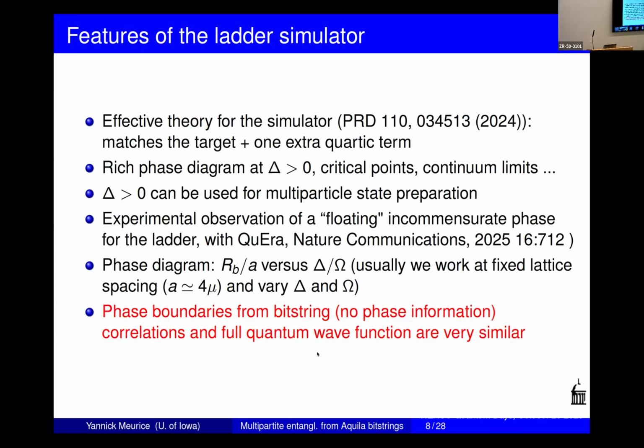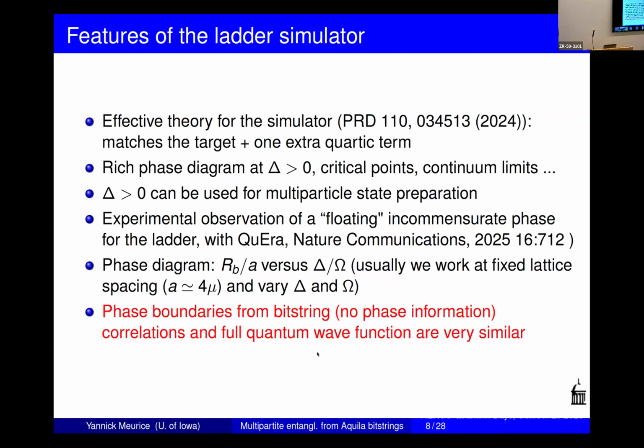The target is with a negative detuning, but the positive detuning can be used to prepare very interesting initial states. I will mostly speak about the positive detuning. It has a very rich phase diagram, and by working with Aquila, we were able to produce the first experimental demonstration of a floating phase.